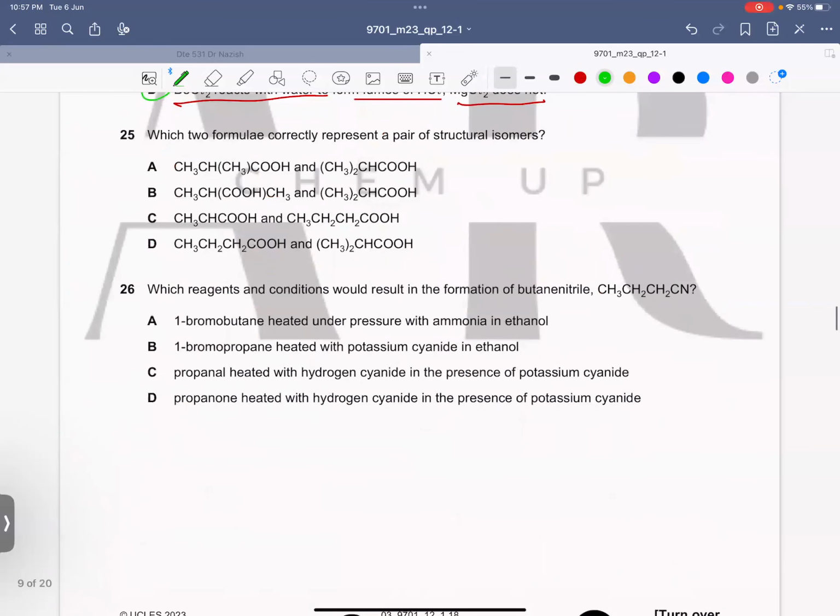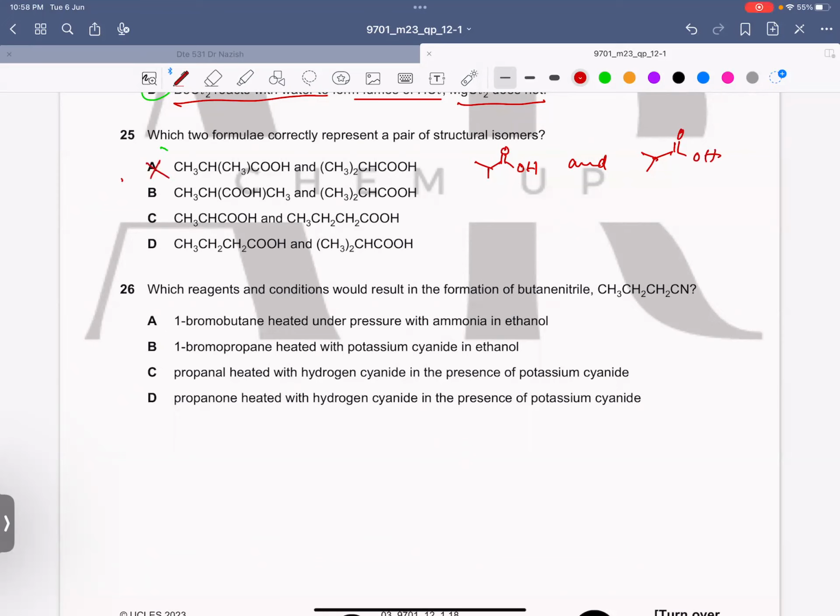Looking at option A, both are the same compounds, if you see, right? They are skeletal formulas. So A goes wrong.